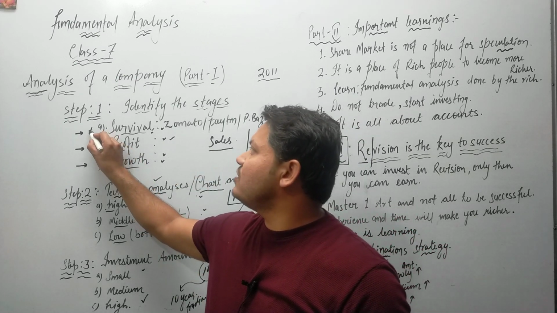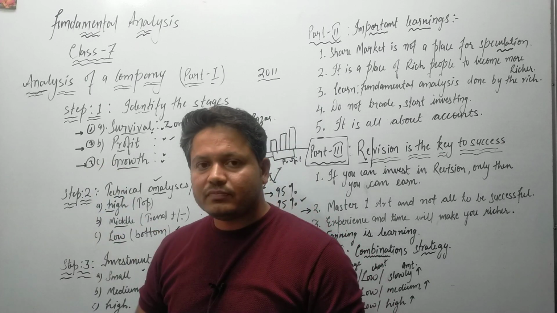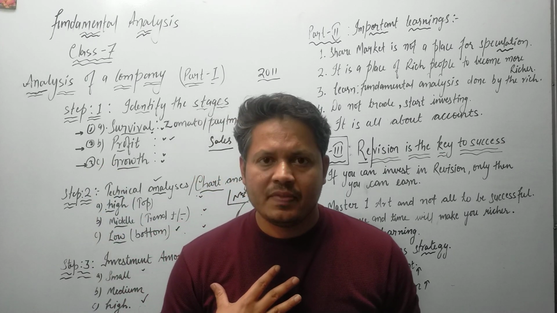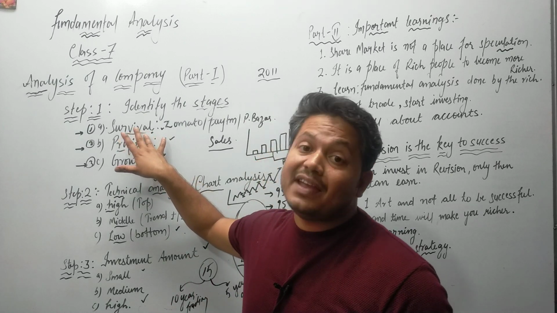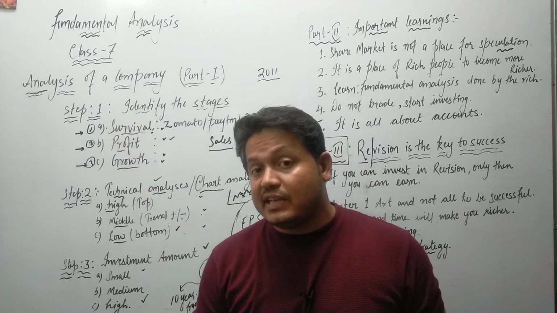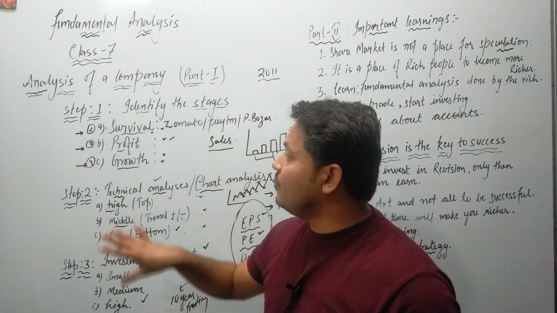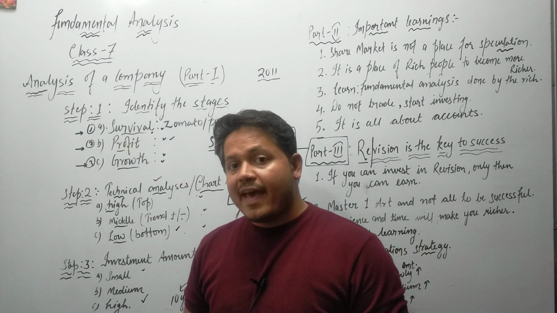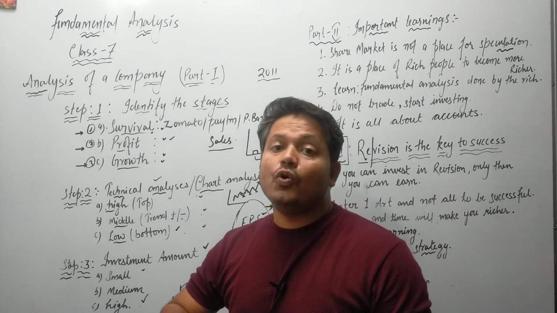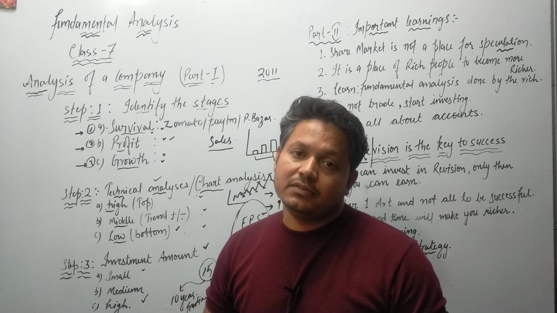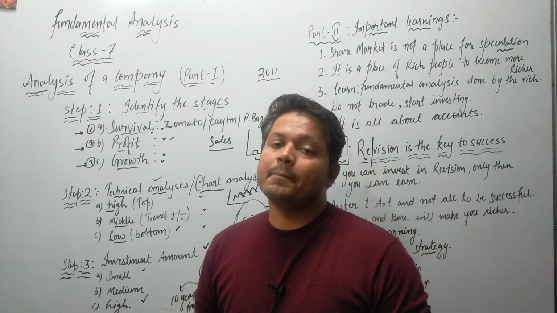So this is the first stage, second stage, third stage. Like in our childhood, we were surviving till the age of 18, and after 18 we started earning, profitable, and after that we just grow the money, grow ourselves. In the same way, it is the company.